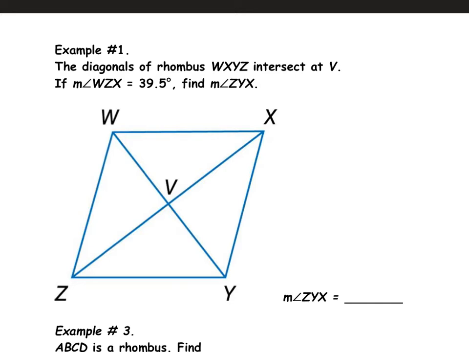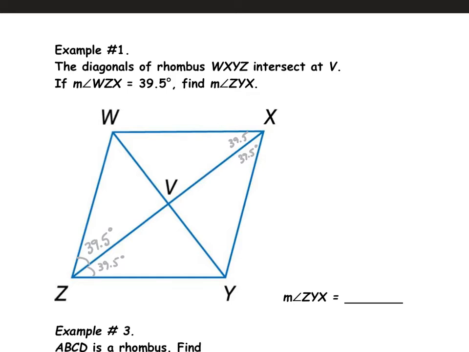WZX is 39.5 degrees. If that angle is 39.5 degrees, I know that angle YZV is also 39.5 degrees. I also know that angle WXV is 39.5. And finally, YXZ is 39.5.